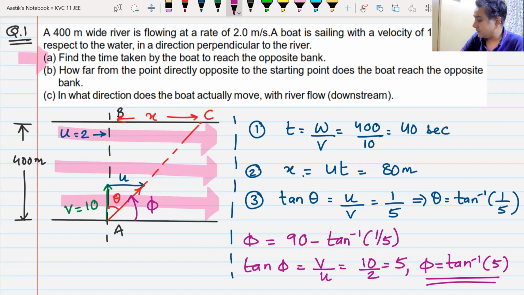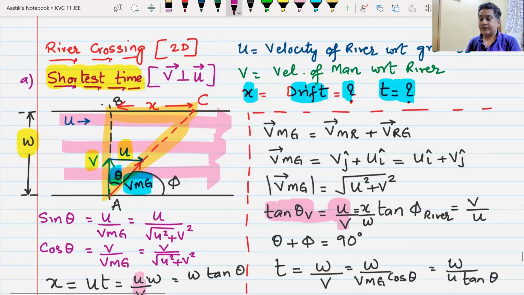So you have to go back to the diagram and go through the diagram once again. I'll give you 2 minutes to go through the diagram once again. If you can't do it just after 1 minute, that means that you have not read it properly. So again, you have got 2 minutes to go through the entire discussion once again.